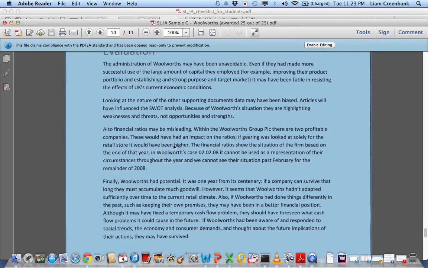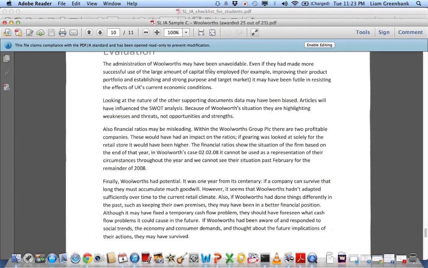So if you look at here, the administration may have been unavoidable. Looking at the nature of the supporting documents, data may have been biased. Articles will have influenced the SWOT analysis. Because of Woolworths' situation, the articles are highlighting the weaknesses and threats, and so there are not as many opportunities.